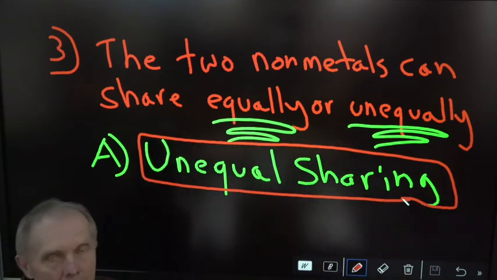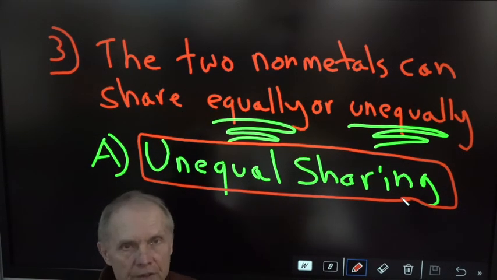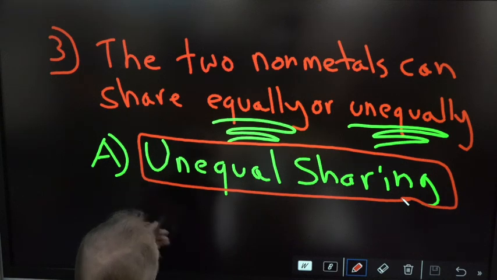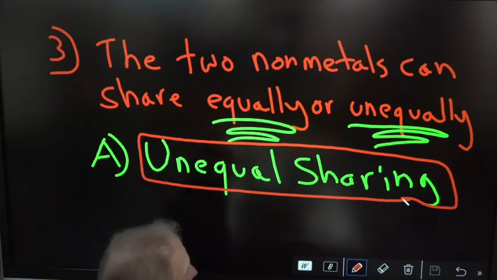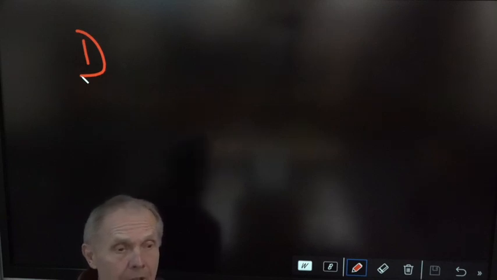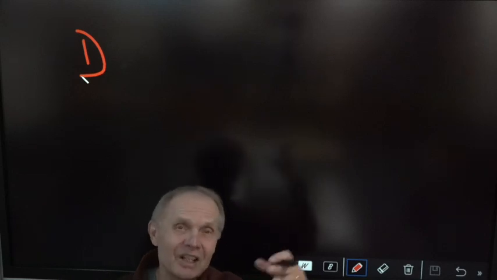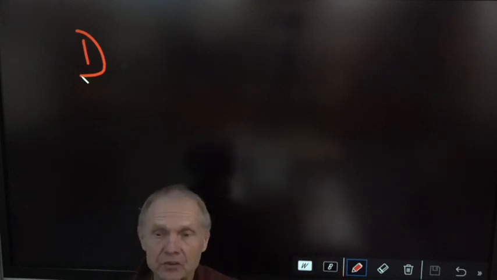So, unequal sharing. That means one's pulling harder than the other one. All right, that's A. And we're going to put down number 1 underneath there. Unequal sharing means you're going to have a slightly positive end and a slightly negative end.